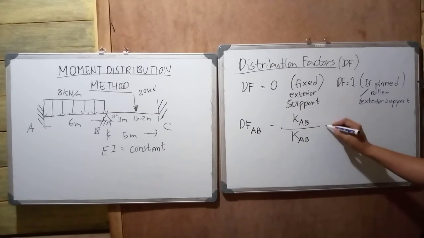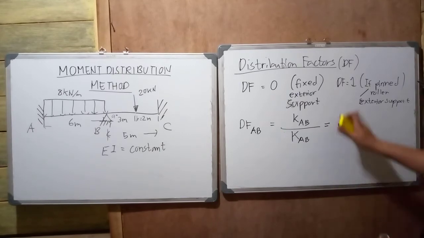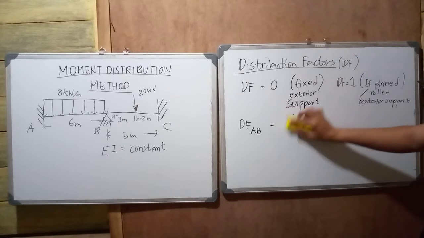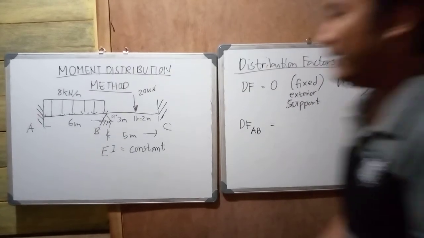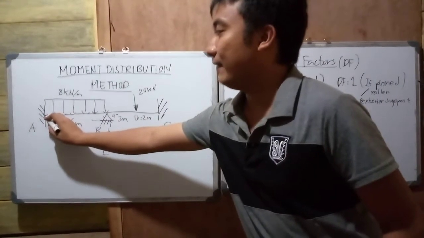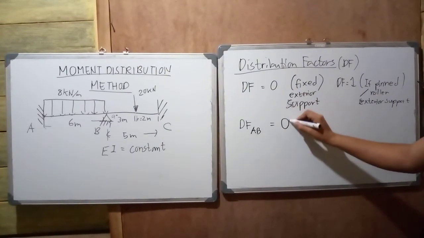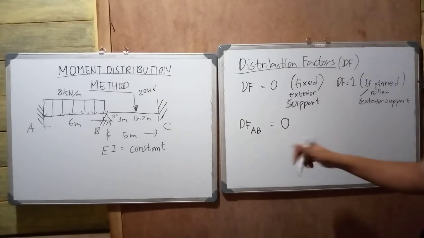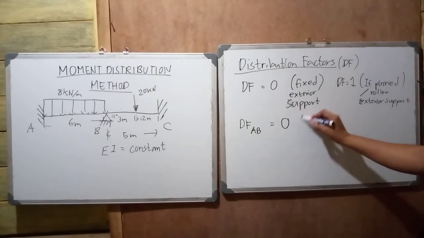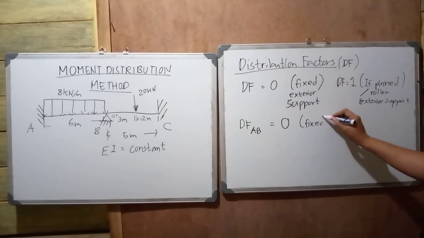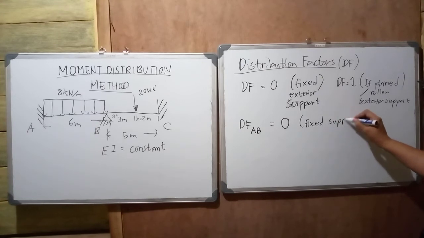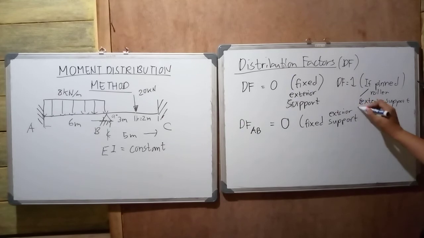So, ang distribution factor niya is, sorry, dahil yung AB natin, nagsimula siya sa fixed side. So, therefore, ito yung nasa exterior supports yung unahan niya, which is A. So, dapat 0 siya kasi fixed. Fixed exterior support. Okay?